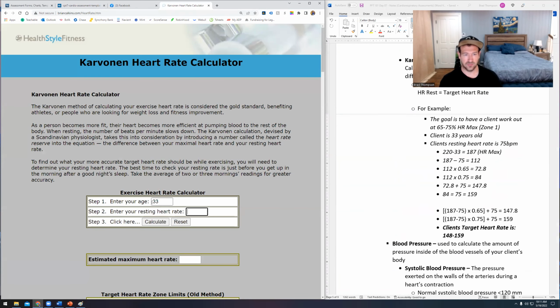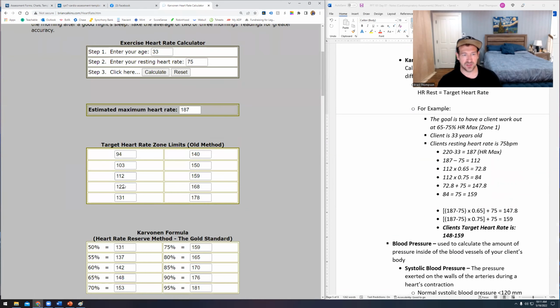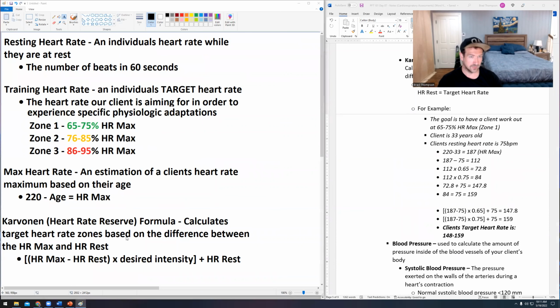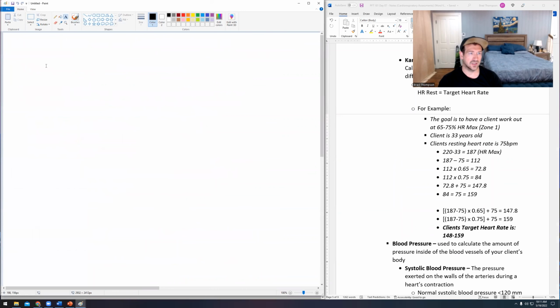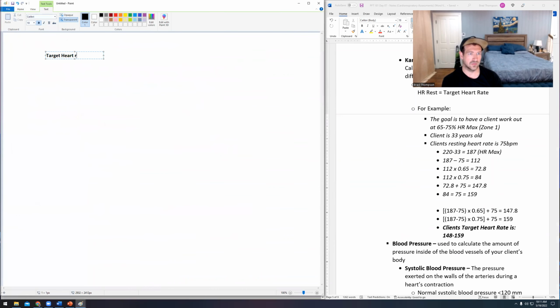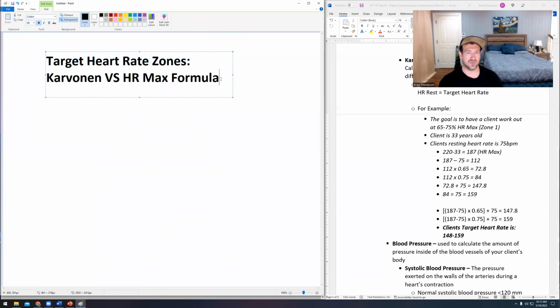Originally, their heart rate zones were this. There's our 65 to 75. So here's a little target heart rate zones chart, if we're looking at the Karvonen formula versus the heart rate max formula, right?